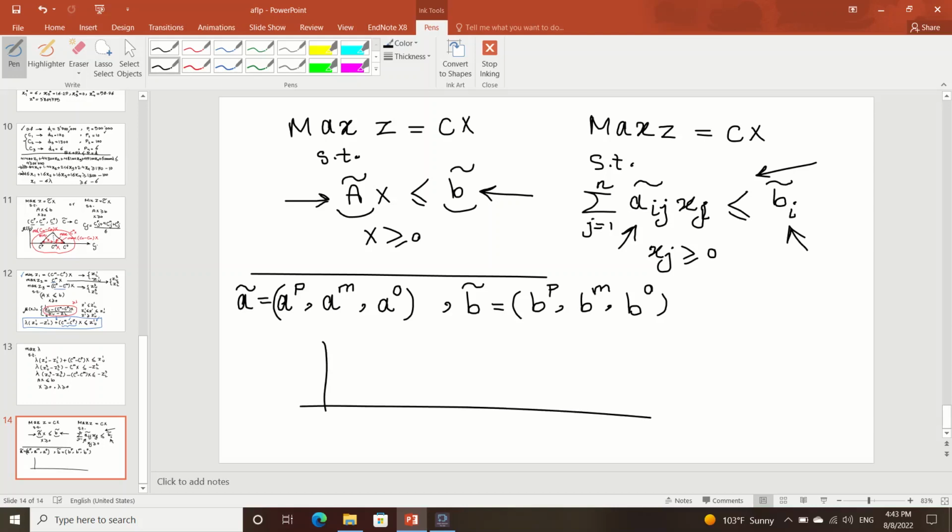In this state also there are triangular fuzzy numbers for A, for example, and for B: BP, BM, BO.